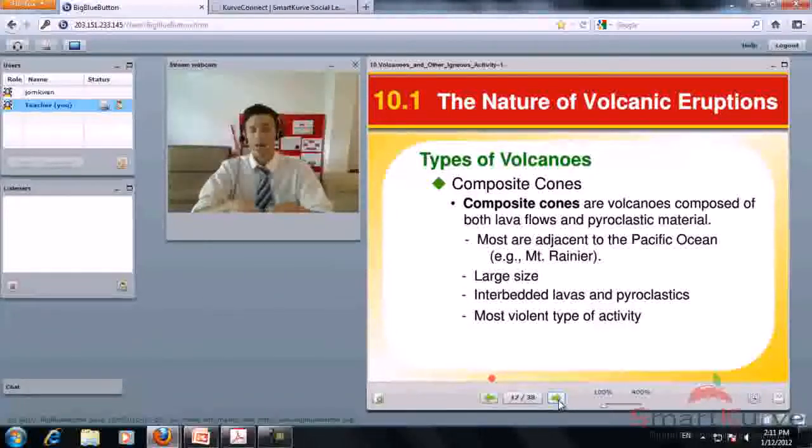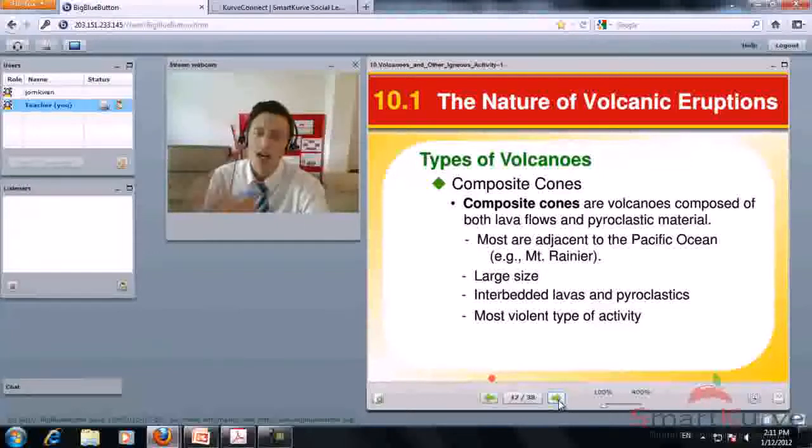Like in California, the west coast of the United States, you have a transform fault zone. Then you have in the Andes more of a convergent zone there. Let's see, most are adjacent to the Pacific Ocean, like Mount Rainier.